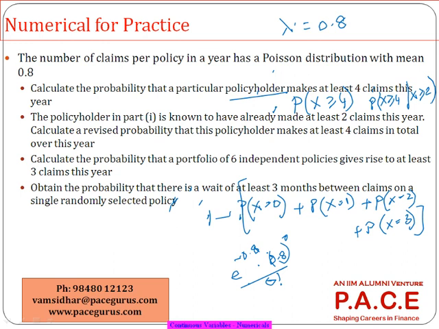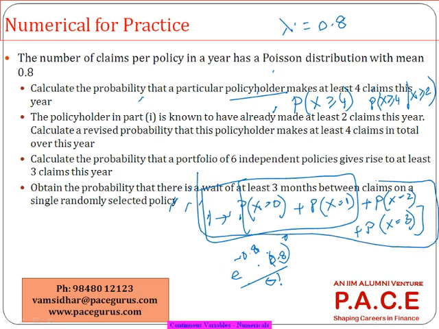If I just subtract these 2, if I only take this part, this is the probability that he has made at least 2 claims. So if I do this entire part, at least 4 claims, divided by the probability of at least 2 claims, that gives me the revised probability.